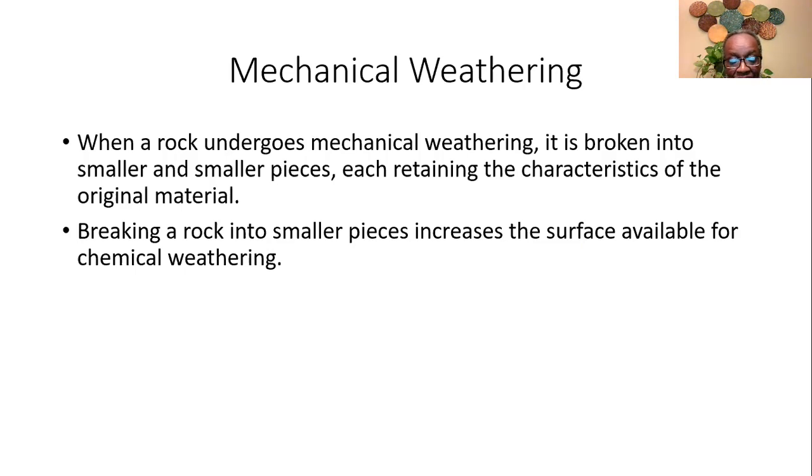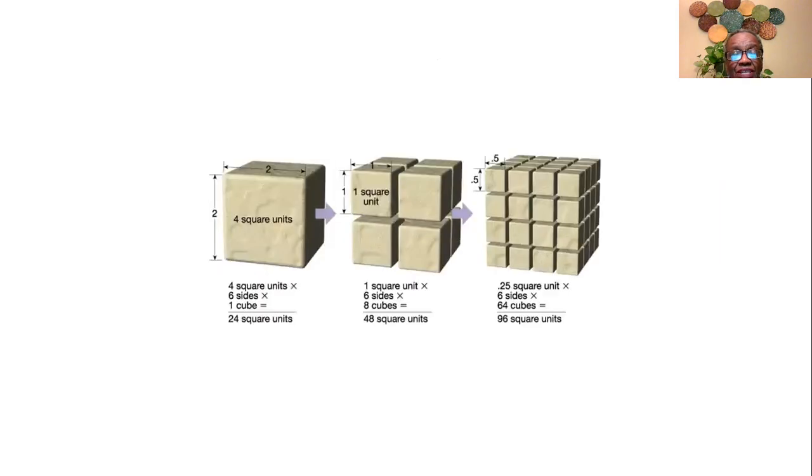To give you an example of what that looks like when we increase the surface area, on our left we have this big cube, and if we cut it up into smaller pieces, we would expose more surface area. So more of that cube would be exposed to weathering.